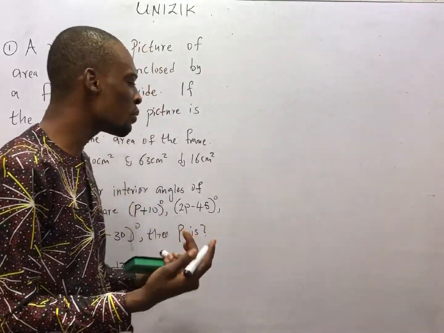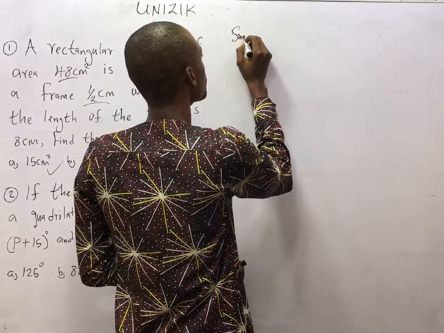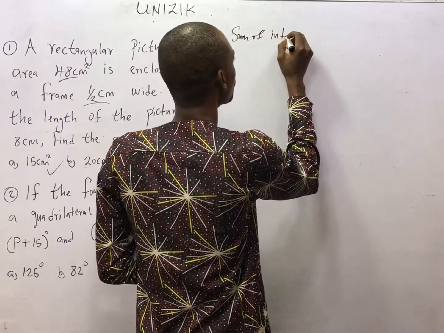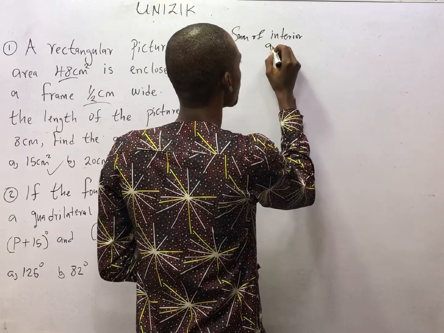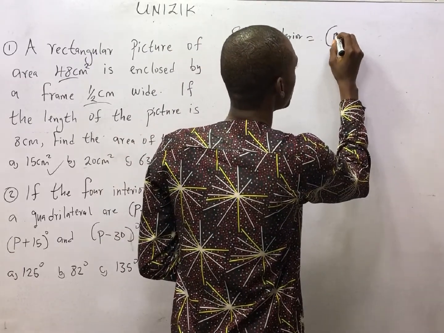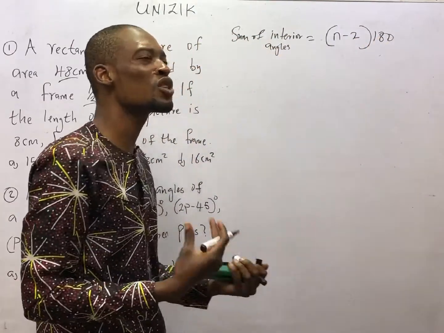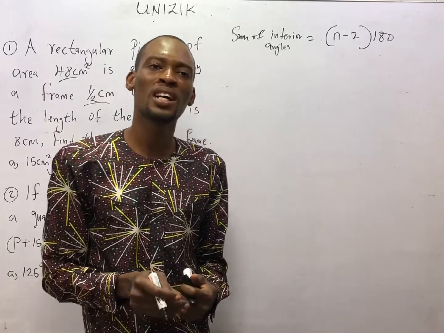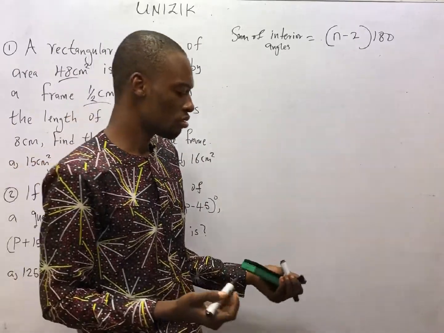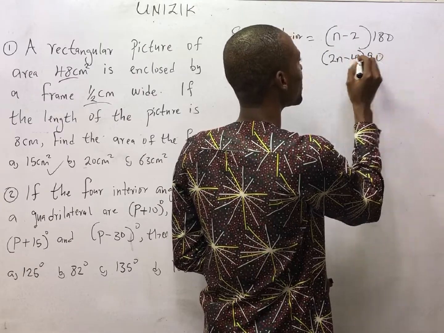So, in a polygon, the sum of the interior angle is equals n minus 2 times 180. This is the formula for the sum of interior angles of a regular polygon. Or you say 2n minus 4 times 90.